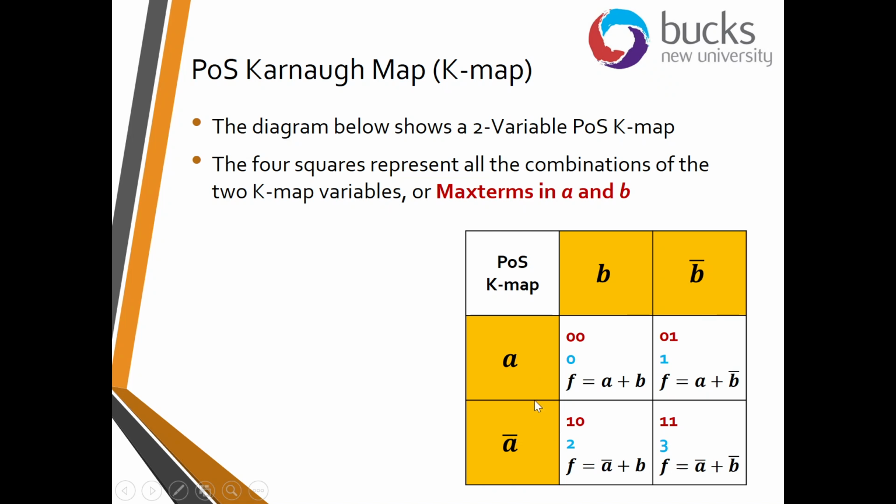In a product of sums, because we're looking for zeros, this must be not A and not B, which must be 1 or 1. So the 1, 1 square is there. This is how we draw out our product of sums. We're only dealing with two inputs here. Obviously, these start to get a few more combinations. These are the combinations of max terms for A and B.